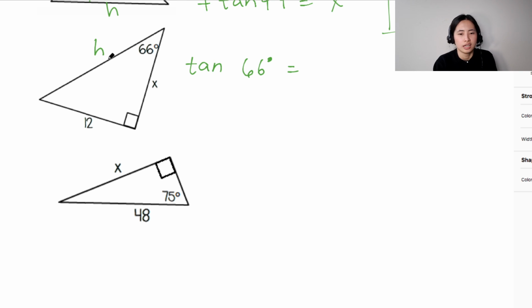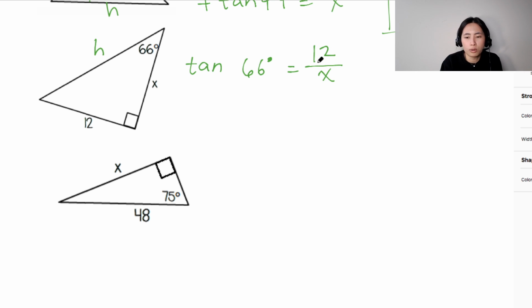So that's just my opinion. So you have tangent 66 degrees, and also at the end of the day for math, you're not supposed to overcomplicate things, right? Whatever you're given, try to use them first, and if not, then find your way to get to your answer, right? So if you have tangent 66 degrees, that means opposite is 12, adjacent is x, right?